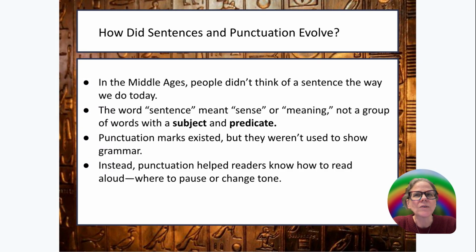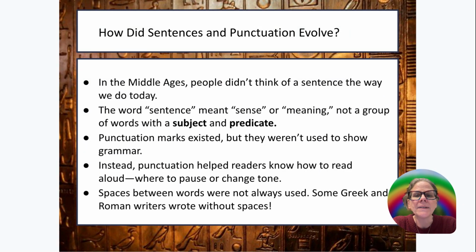But punctuation was very much about reading out loud instead of reading inside of your own head in the Middle Ages. And they didn't put spaces between words. Those clay tablets were heavy. They wanted to squish everything in them that they could, or the vellum or the paper was expensive. So all the words would squish together and you kind of needed to figure it out.